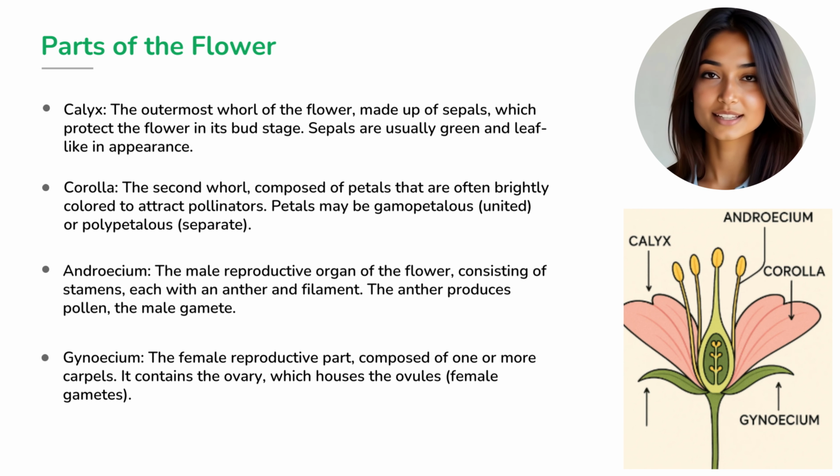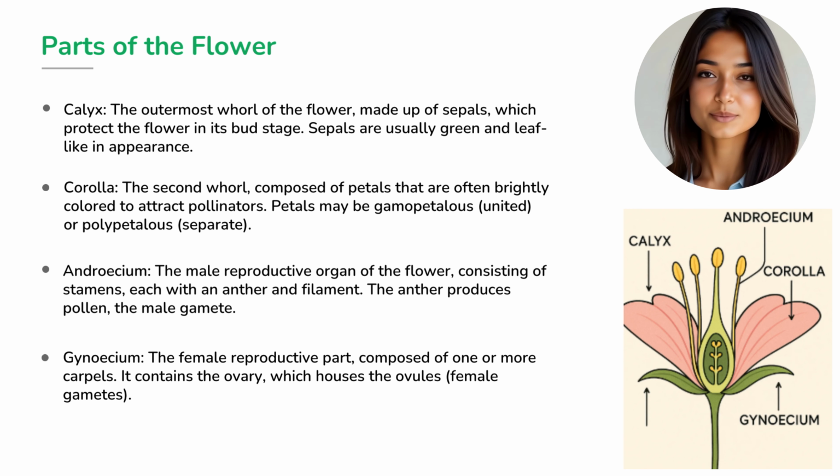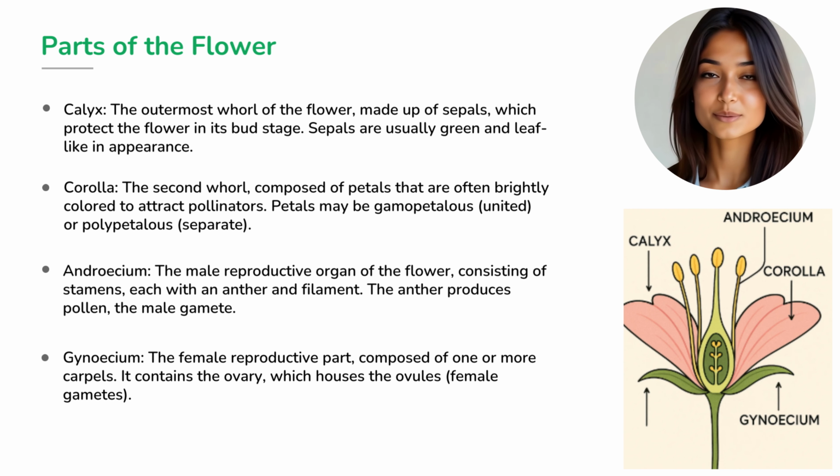Imagine peeling back the layers of a flower. The outermost layer is called the calyx, which consists of sepals. These green, leaf-like structures protect the flower in its early bud stage. They're like the armor that shields the developing flower. Next, we have the corolla, made up of petals.